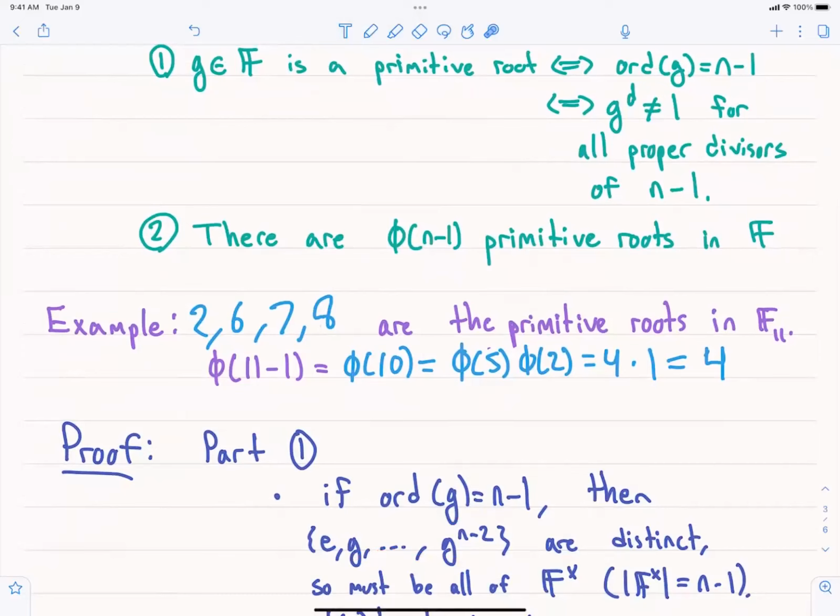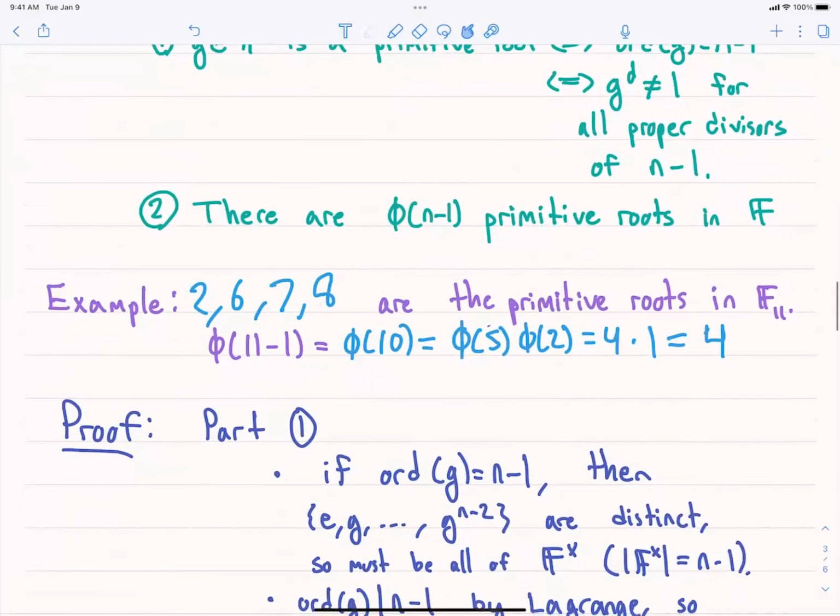This isn't quite immediate, but it uses the same argument we used when we proved Lagrange's theorem. If 2 of these were equal, you could take 1 times the inverse of the other, and you'd get some smaller power of g that was equal to the identity element. But the order is supposed to be the smallest power of g that gives you the identity element. So these really have to be distinct.